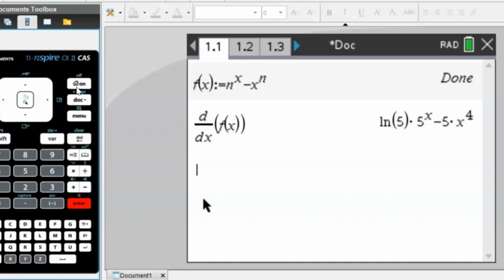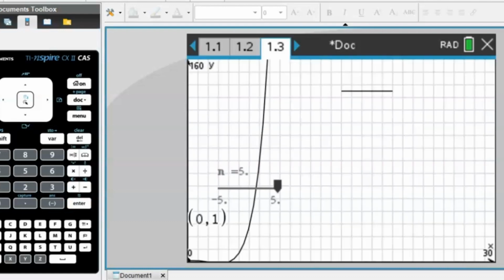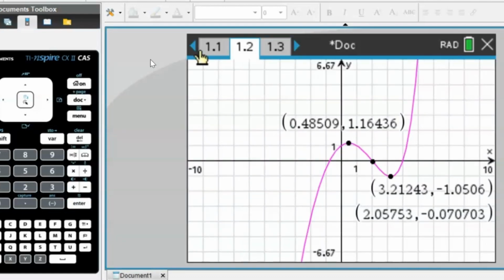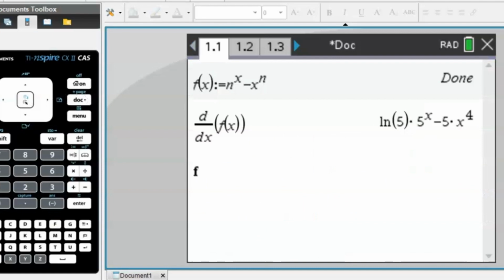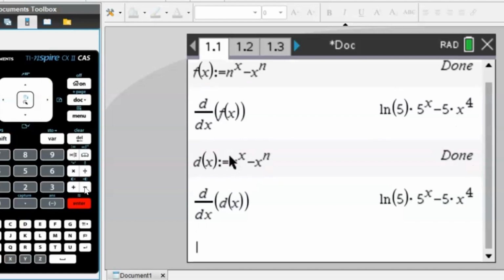Oh, I think the calculator remembers the other f of x I used before. Let me just clear that and make it something else. I'm just going to make it d of x, because it looks like the calculator is remembering that. Now n to the power of x minus x to the power of n, and I'm going to get the derivative of this, d of x.